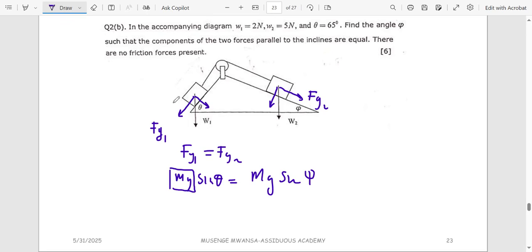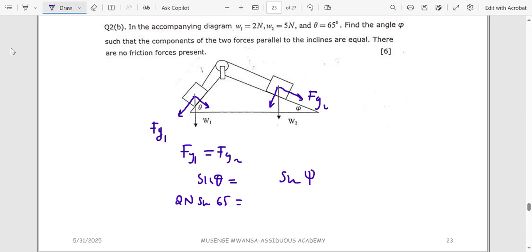So where there is this mg, that's what we're going to substitute: 2N, and then sine. Now remember the angle theta is 65. And that will be equal to this other mg, which is W2. Let me just put a W so that will not be confused.